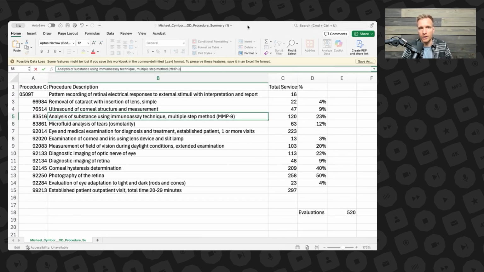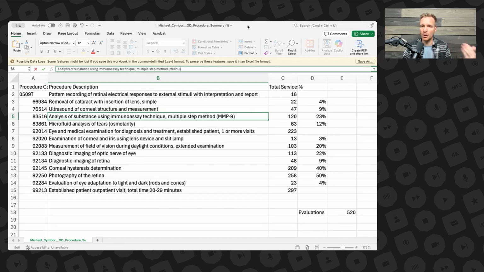He might be doing one for each eye. So that could be half of that, and I think that's probably what he's doing. I'll break this down in a second, but he's probably billing two MMP9s, one for the right eye, one for the left eye, and then 12% of his patients have osmolarity measurements.